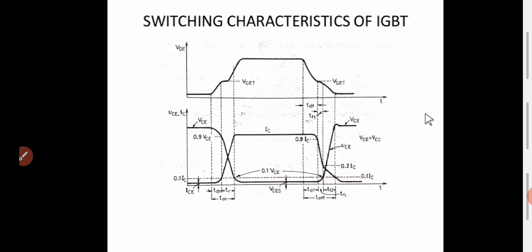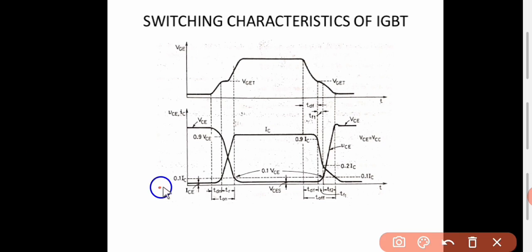Now the switching characteristic of the IGBT. If we do not apply any gate signal between gate and emitter, no collector current will flow. Whatever collector current is flowing, ICE, is known as the leakage current, and its magnitude is very small. When VGE starts increasing and reaches VGET, which is the gate emitter voltage required to turn on the device, from this point gate is applied.